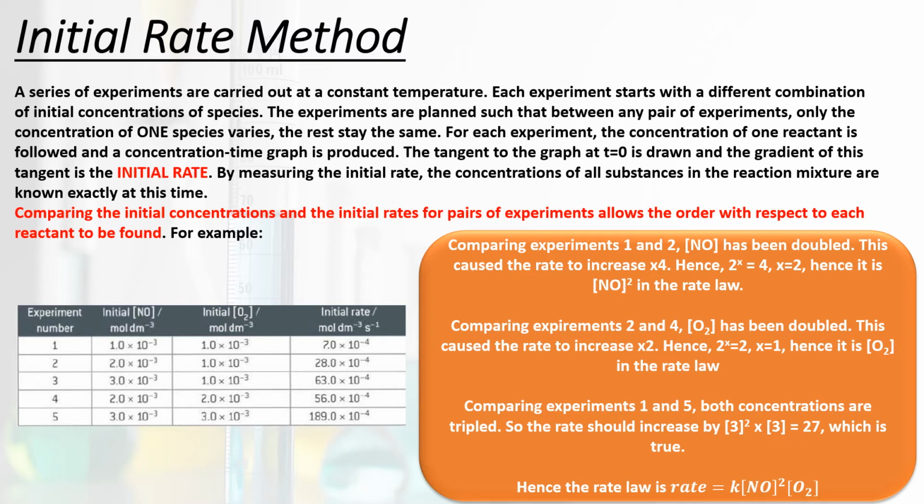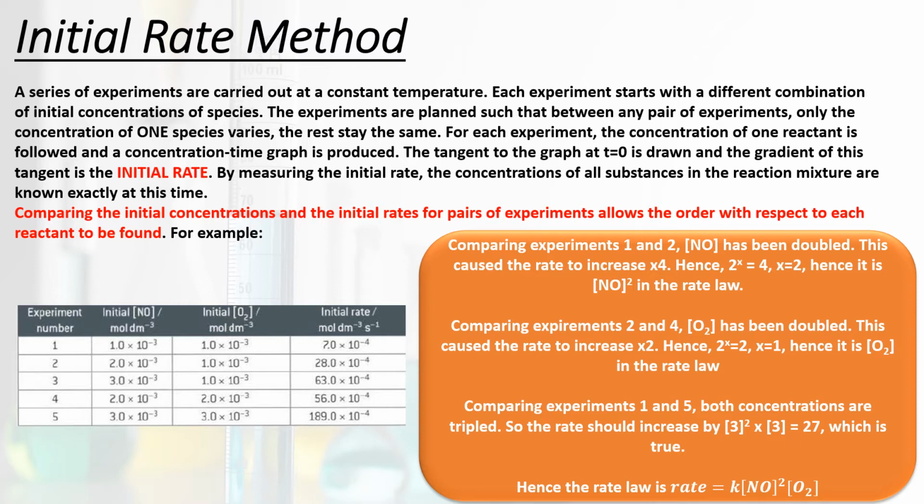Now a series of experiments are carried out at a constant temperature. Again, note that we do it at a constant temperature, because of course temperature will affect the rate of reaction. Each experiment starts with a different combination of initial concentrations of the species. The experiments are planned such that between any pair of experiments, only the concentration of one of the species is going to change. The rest of them stay the same.